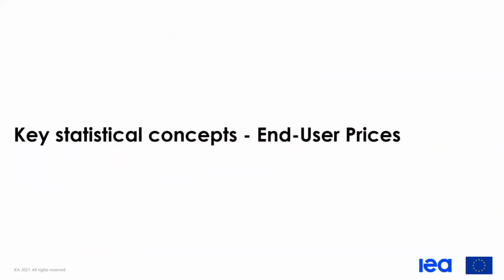As mentioned before, it is important to have a common methodology for tracking energy prices. This allows us to have a solid international benchmark and comparable data. So let's now turn to the IEA methodology, which provides such a common methodology, and which has been adopted and used by other international organizations.